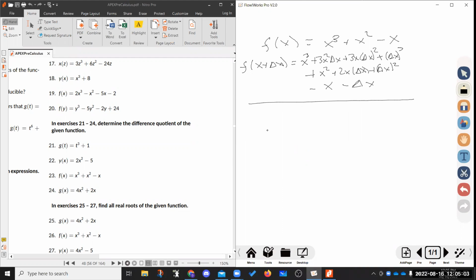So now we need to subtract the original, negative x cubed minus x squared plus x. So these terms without delta x's in them here are going to go to 0. Just those terms and only those terms.